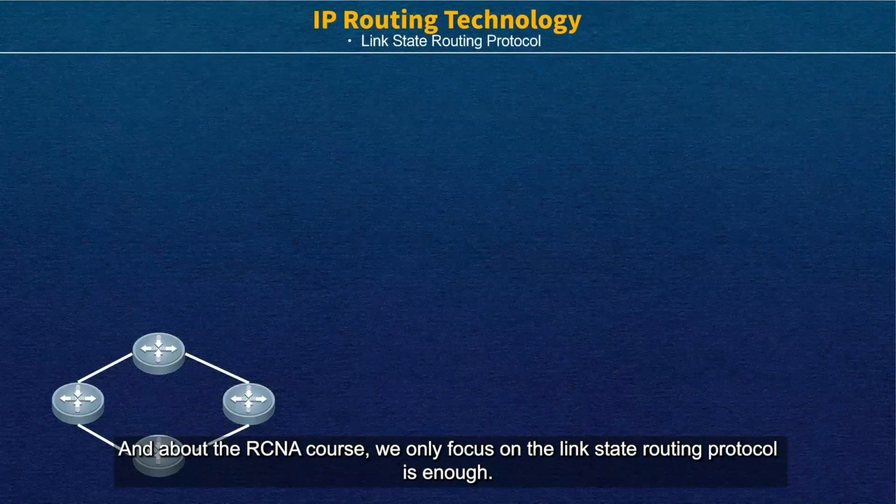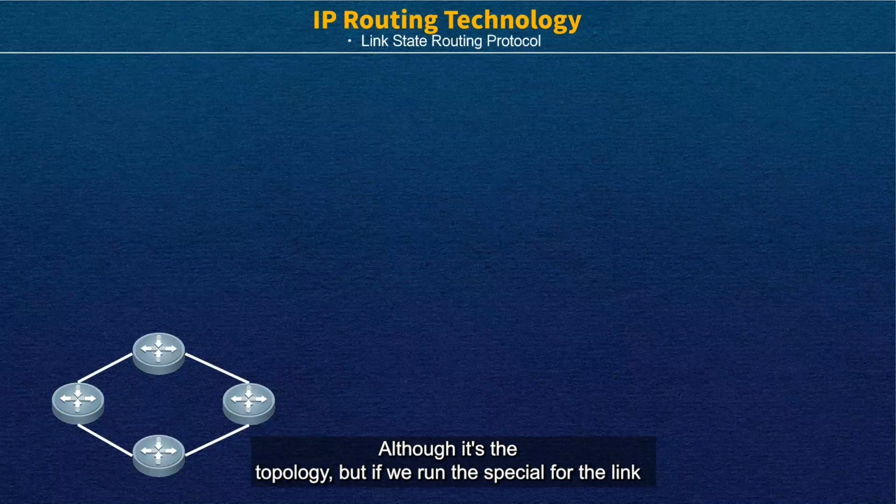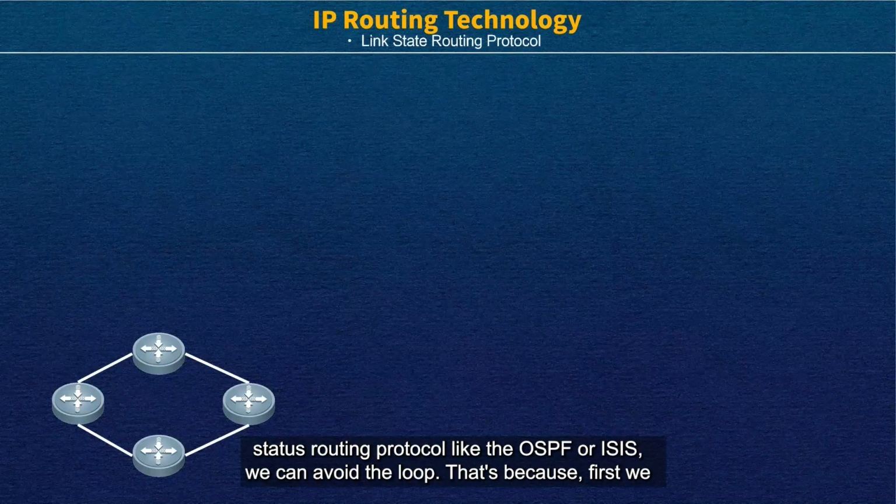And in the RCNA course, we only need to focus on link state routing protocols. With the same topology, if we run a link state routing protocol like OSPF or IS-IS, we can avoid the loop.